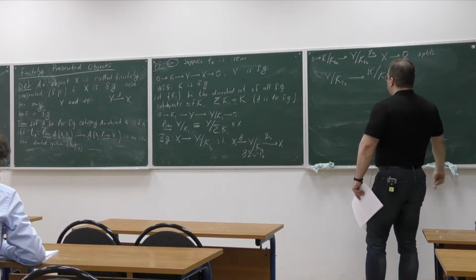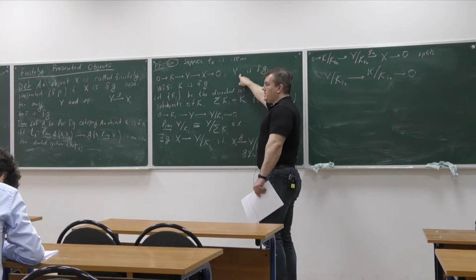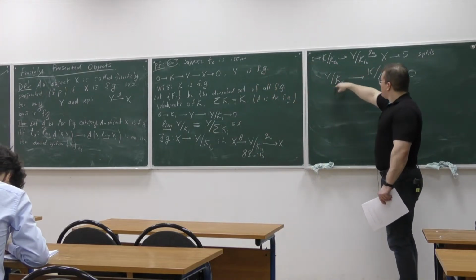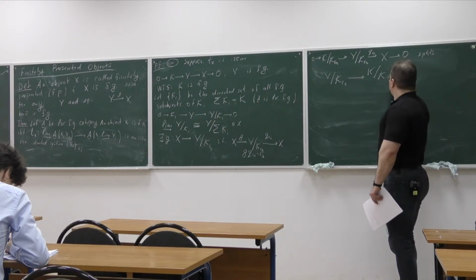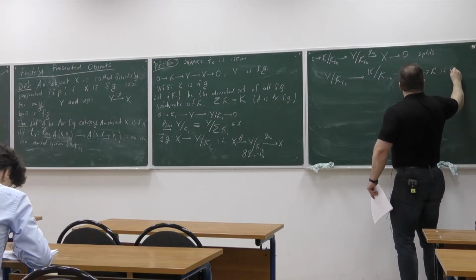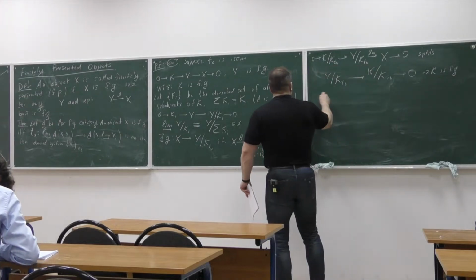But what we can see from here, it is given to us that Y is finitely generated, hence this quotient is finitely generated, this is also finitely generated, and we know that K_{i0} is finitely generated, so K is finitely generated. So now we can go in that direction.